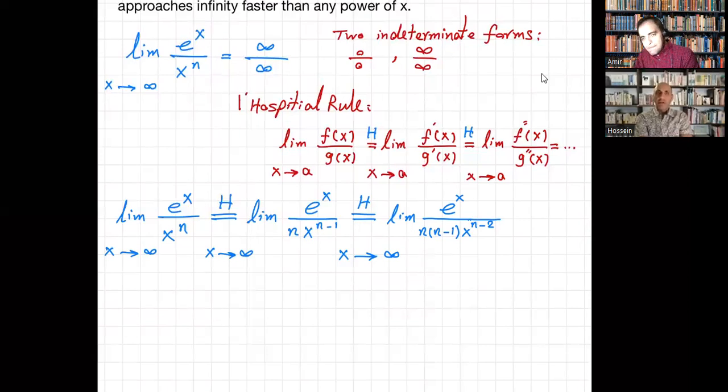When you say the order is decreasing, you mean the order of the denominator? Yeah, the power of x in the denominator.